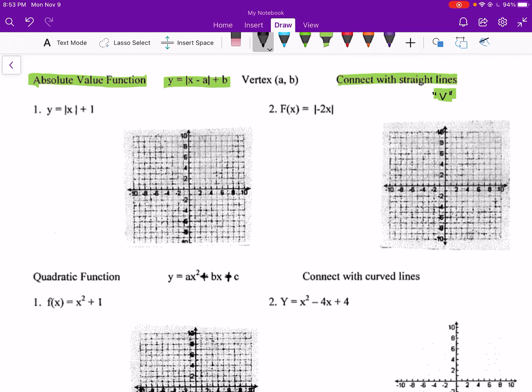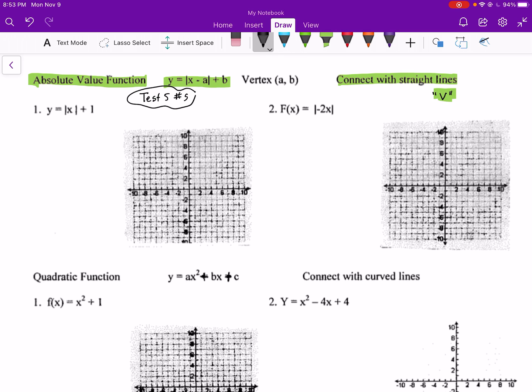So in order to do that, you are going to have to test 5 numbers. Now I know before with linear we just tested 3, a positive, a negative, and 0. We're still going to do a positive, negative, and 0, but now we need to do 5 numbers.